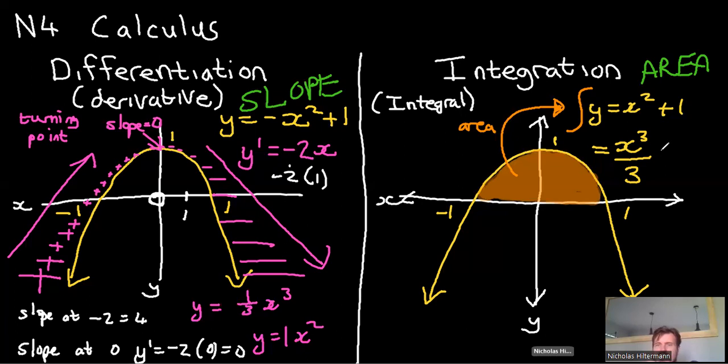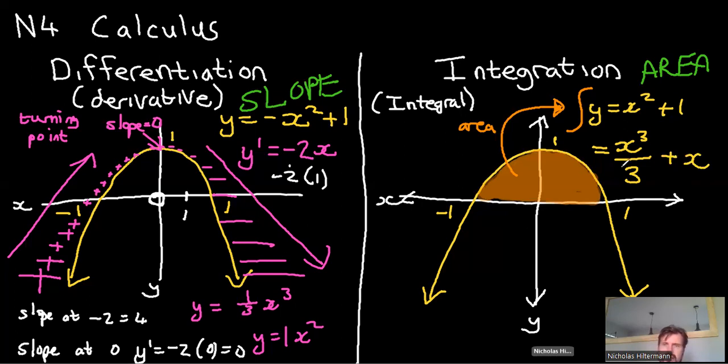So the integral of any value which doesn't have an x is that value times x. So it will just be plus x. In other words, if it had been a third, the integral would be a third x. At this stage, though, it's 1x. Okay, plus x.